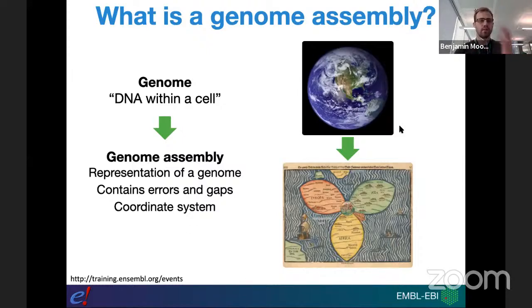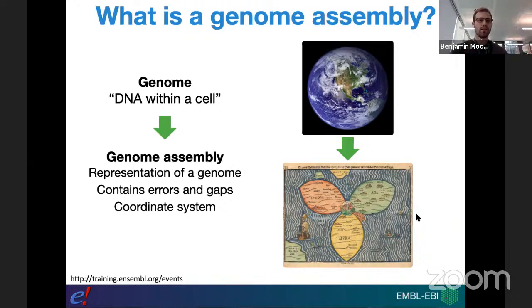For an analogy, I think of this in terms of the different types of maps that we have of our world. The genome itself might be the world itself, and we have lots of different maps that represent it. Today we have Google Maps, which is a very complete representation of the planet.